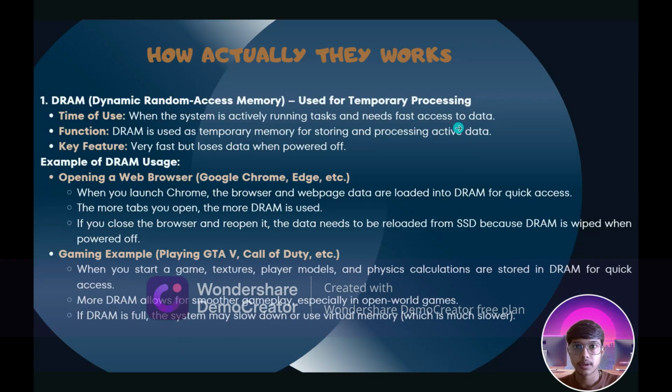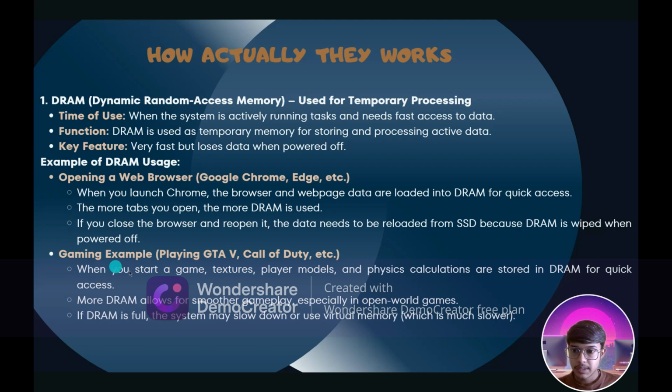the data which is stored in permanent memory is copied to the DRAM, which is random access memory. So this loading time is used to copy the data from permanent to volatile memory, which makes our use fast and computer fast.